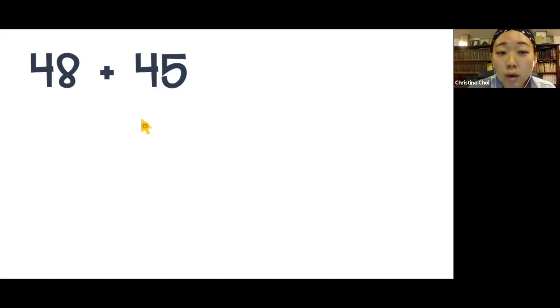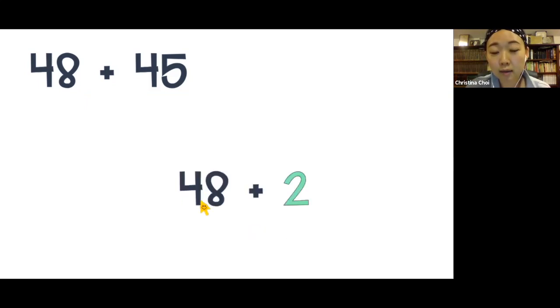So what we're going to do is try to figure out how much we can take off of 45 so that we can make 48 into a friendly 10. 48 and 2. Remember? 8 and 2. So then if that happens, 48, 49, 50.